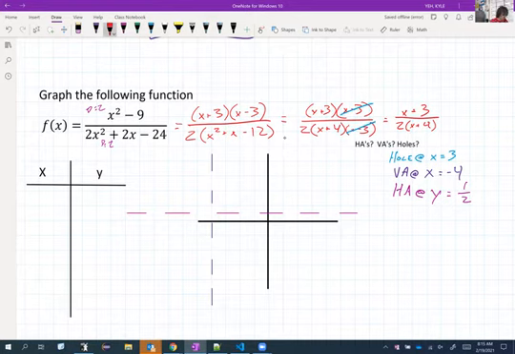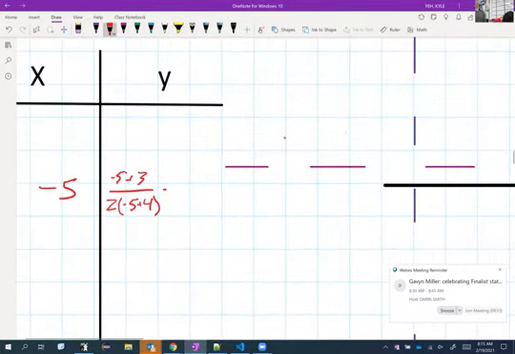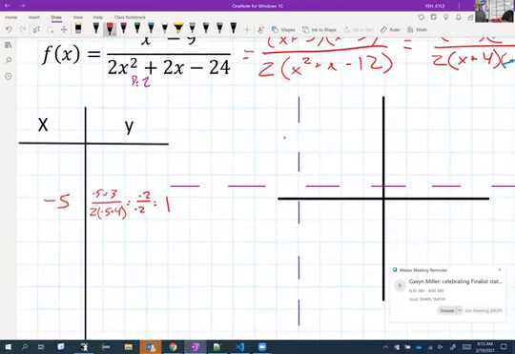That's where my vertical asymptote is. But maybe I try -5 and plug it into my simplified version. That gives me -5 plus 3 on top, and 2 times -5 plus 4 on bottom. So -2 over 2 times -1, which is -2, equals +1.